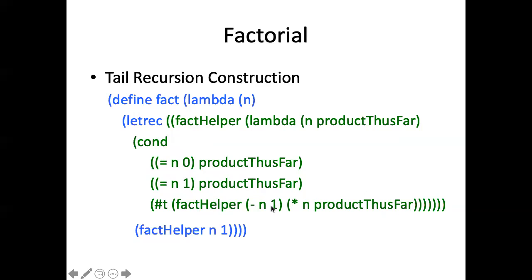So this is kind of like saying we're doing a for loop where we're going from I equals n down to 1.